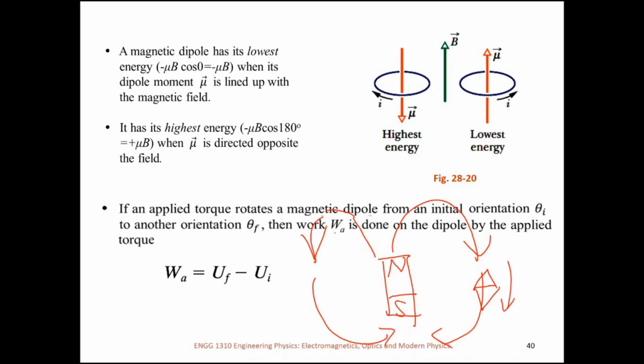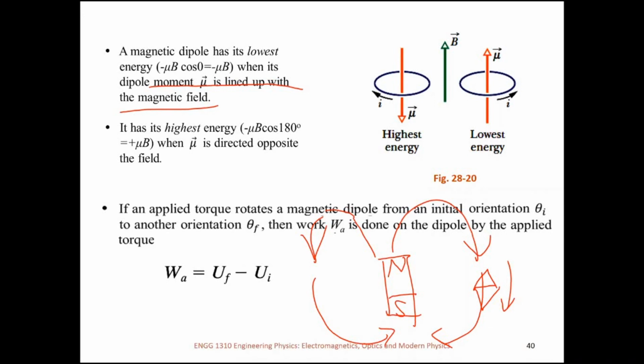Why is that? Because in that way, the compass needle's potential energy achieves its lowest value, when the dipole moment is lined up with the magnetic field. That's also why we can use the compass to indicate the north direction when we are sailing on the ocean.